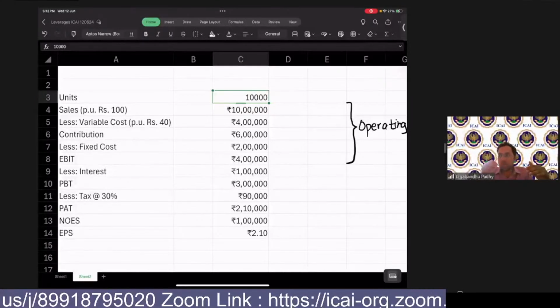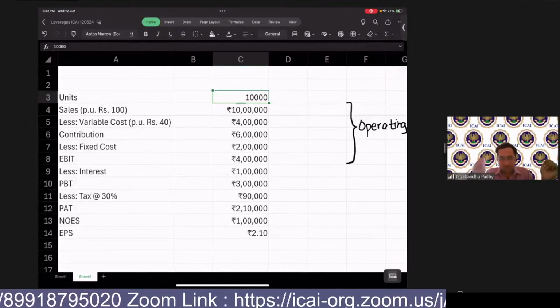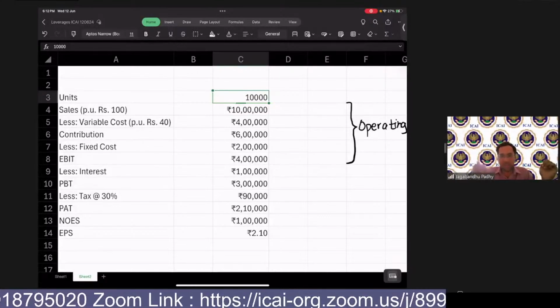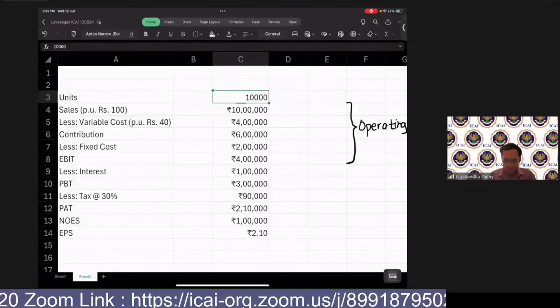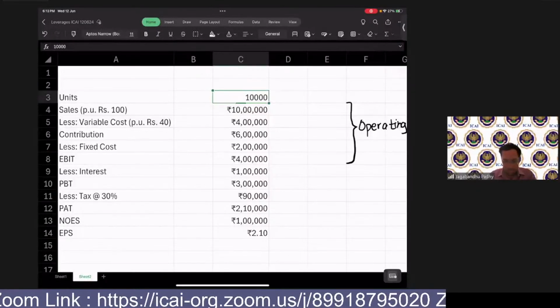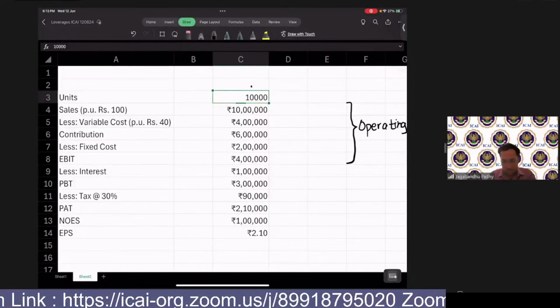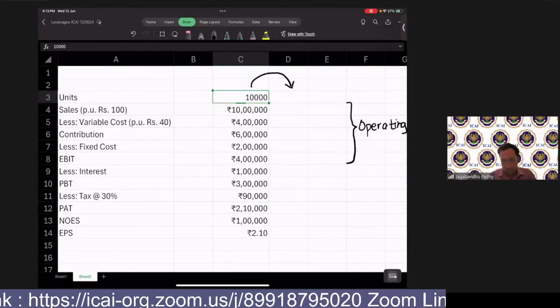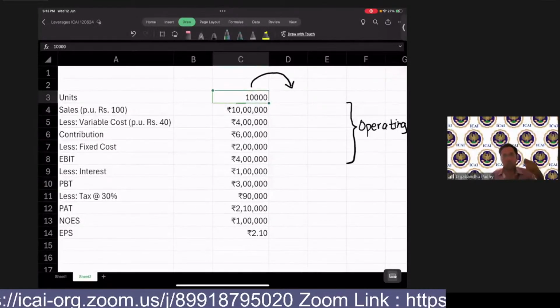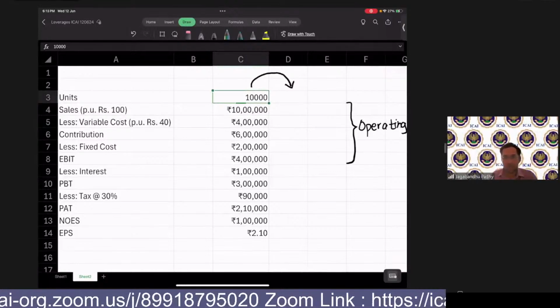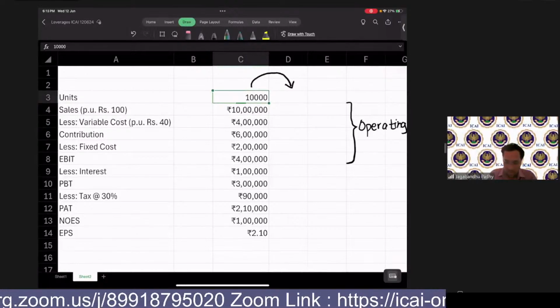Now, suppose you put some extra effort, and that extra effort increases this 10,000 units by a certain percentage. So let's say you put in 10% extra effort.